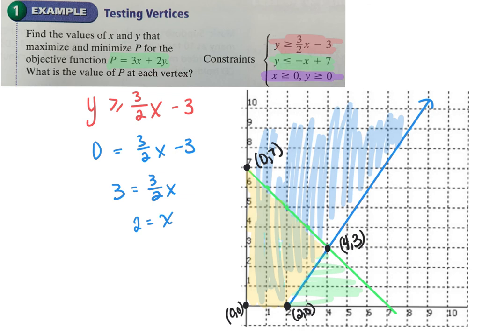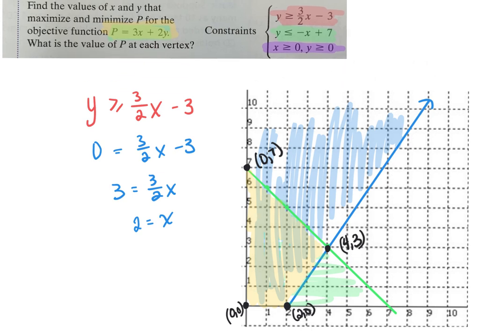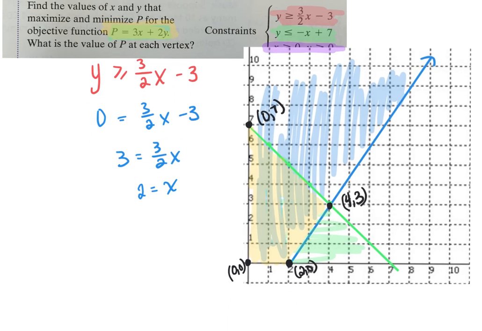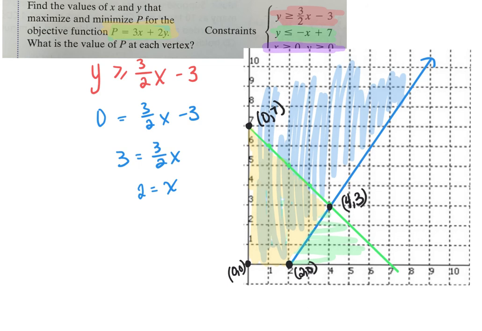Now I'm going to go back to my objective function, all right? So now I'm going to go back up here to this objective function. Now, how do I use it? Well, I am going to take those 4 vertices and I'm going to plug them into my objective function. My objective function was P equals 3x plus 2y, all right? So I'm going to do it at 0, 0.